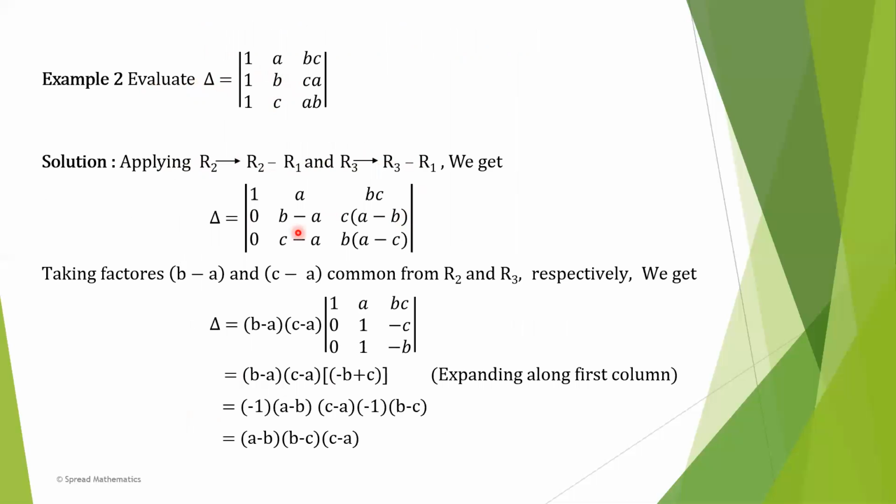Now you can see in R2, B minus A is common, so we will take common, and R3, C minus A is common, so we will take C minus A common. So we took common, and after that we get this. Now you can see column first has two zeros, so we are expanding this determinant by column first, and we will get this answer.